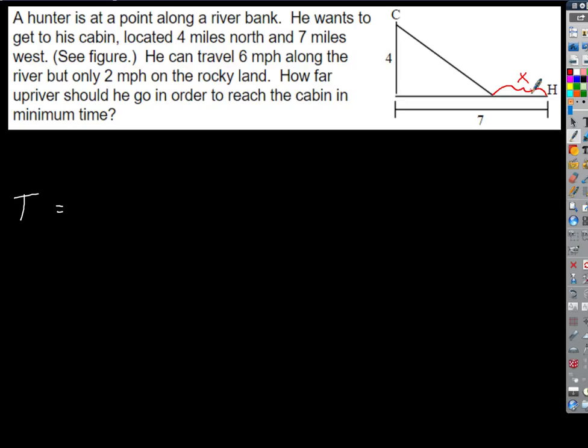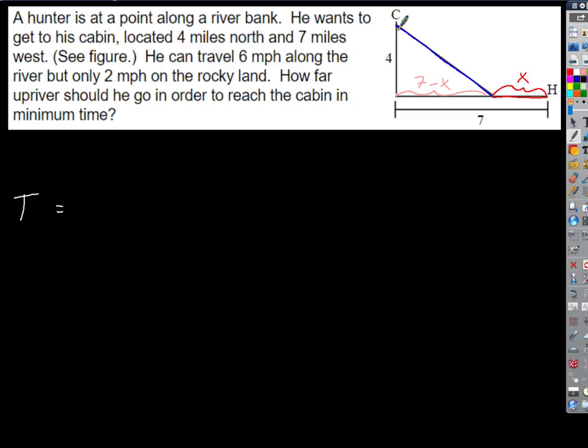So what's this distance going to be? It's a little more complicated, but we can find it. This distance right here becomes 7 minus x. Then by the Pythagorean theorem, this is our red distance and this will be our blue distance.